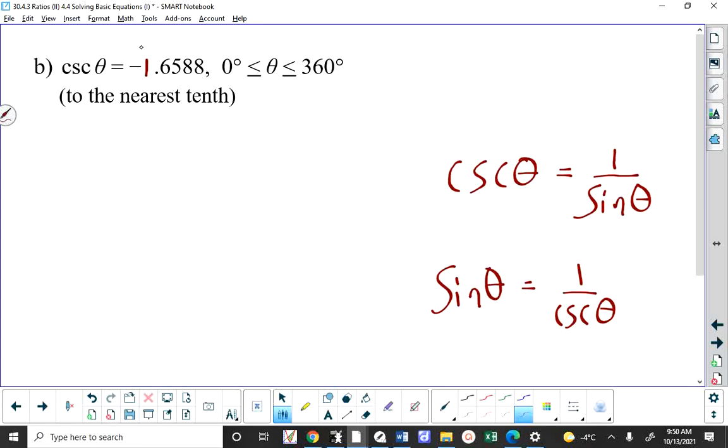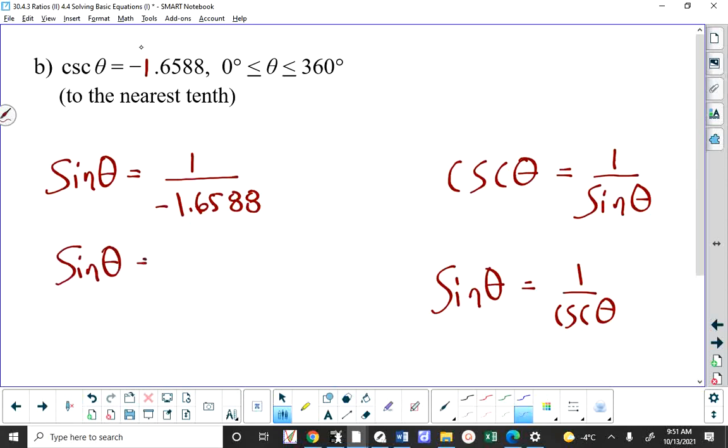Now, be very careful about what this means. This means that sine of theta is equal to the reciprocal of cosecant, but cosecant is this number. So sine of theta has a value of -1 over 1.6588. You know me by now. I just like my negatives on the top.